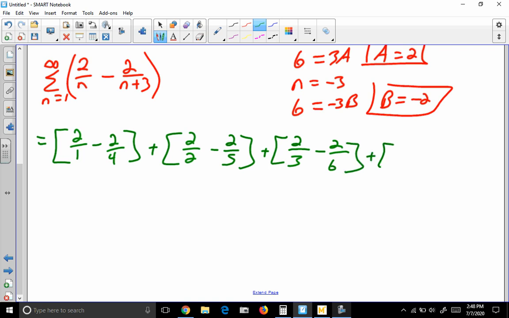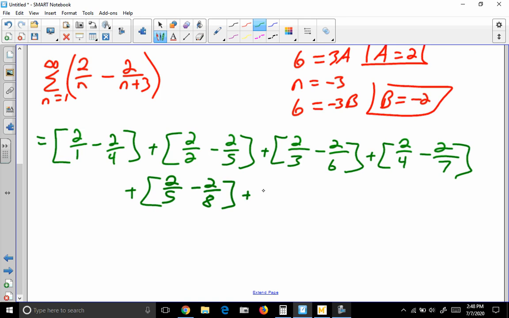And then we get 2/4 minus 2/7. If we put in a 5, we get 2 over 5 minus 2 over 8. And let's do one more: 2 over 6 minus 2 over 9. And since we're going to infinity, that just keeps on going forever.